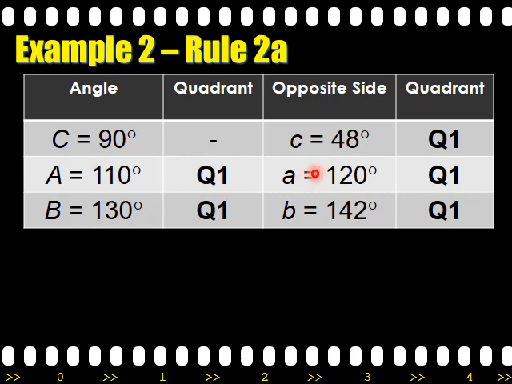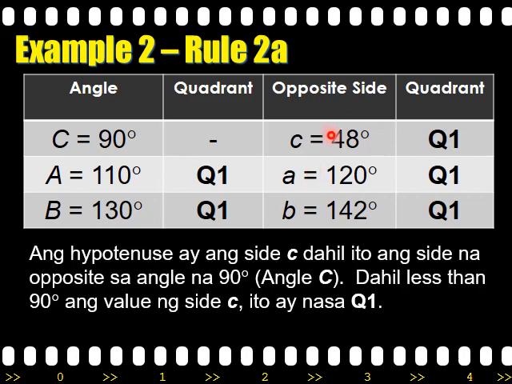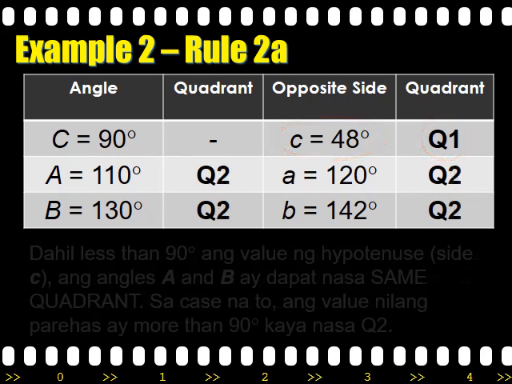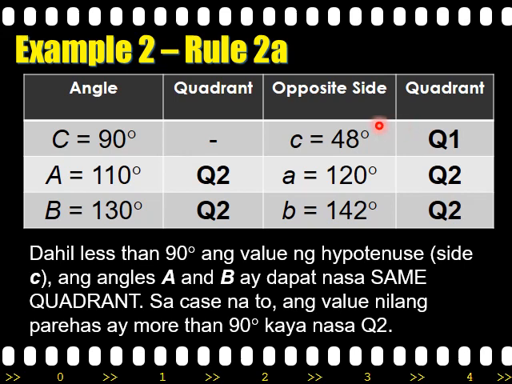Okay, let's look at example number 2 for rule 2A. Okay, so for example, meron kayo ditong hypotenuse C, which is 48 degrees. So, ibig sabihin, less than 90 degrees siya, kaya nasa Q1. Okay, so ano ibig sabihin nito? So, since less than 90 degrees siya, ibig sabihin yung dalawang angle natin, which is A and B, dapat nasa same quadrant din.